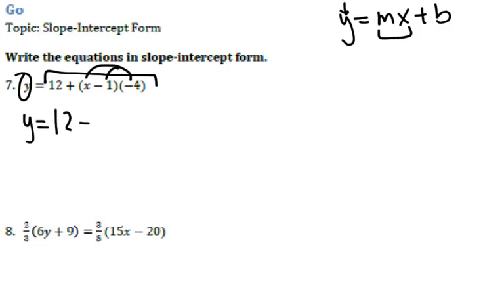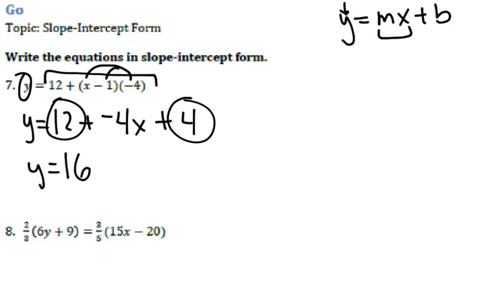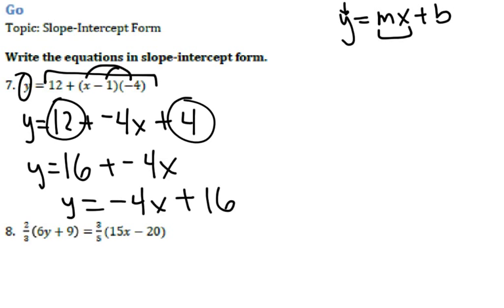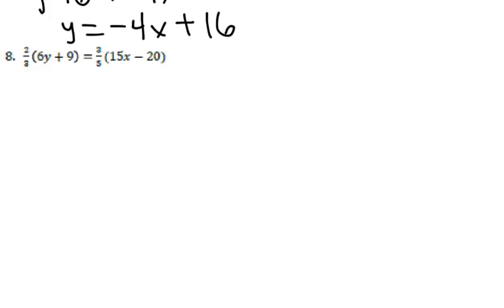So we get 12 plus negative 4 times x, negative 4x, negative 4 times negative 1, so positive 4. Combine like terms, 12 and 4 give us 16, and then just rearrange it to how we need it. So it would be y equals negative 4x first, then a positive 16, so plus 16. And there's our answer.